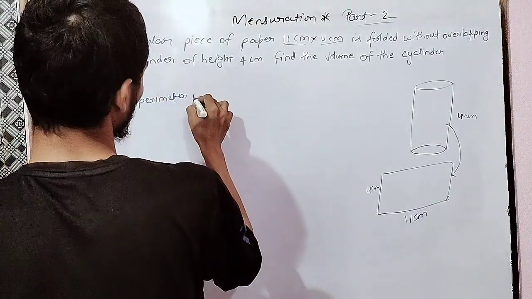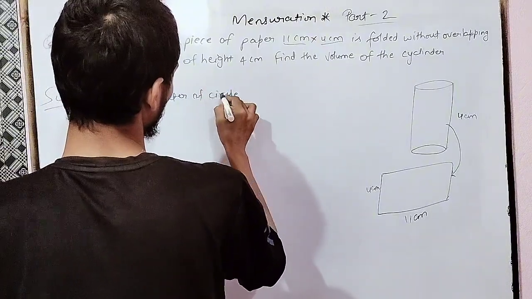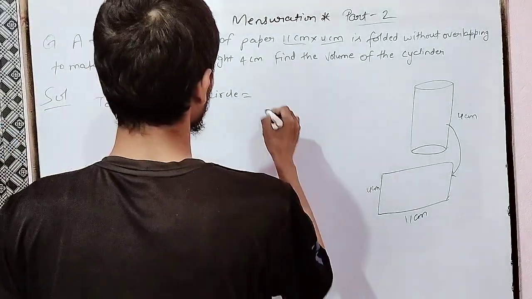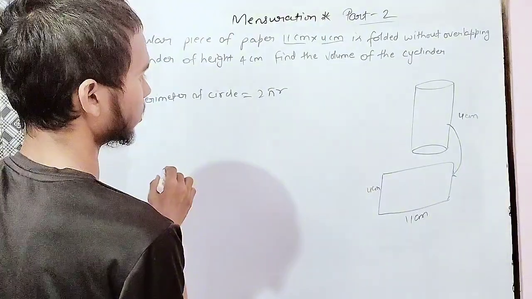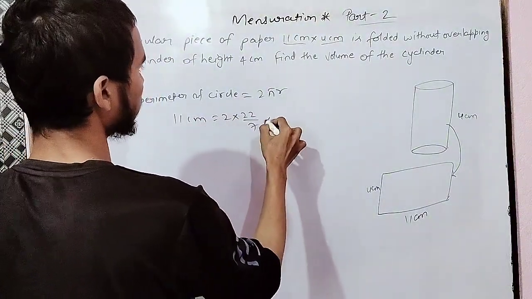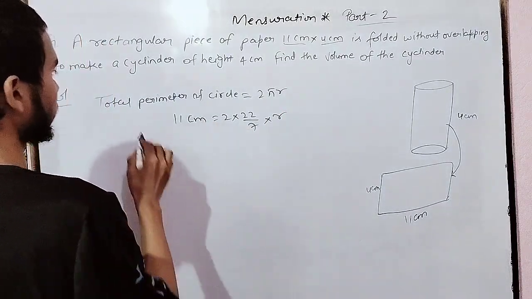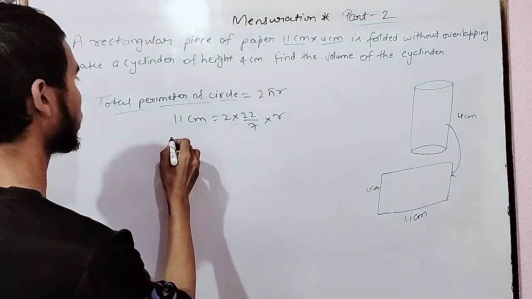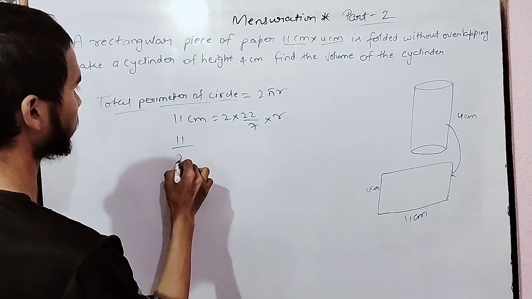To find the radius, we are applying 2 pi r. Total is 11 centimeter. 2 multiple 22 upon 7 r. We don't know the radius, that's why we are applying this. We have written the total perimeter of the circle, 11 centimeter. 11 upon 22.